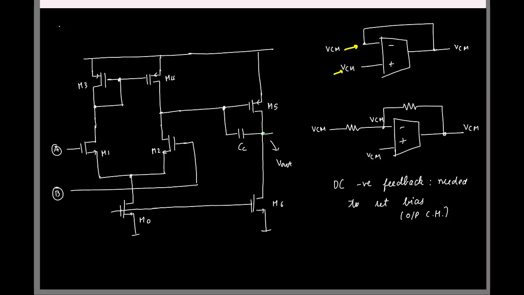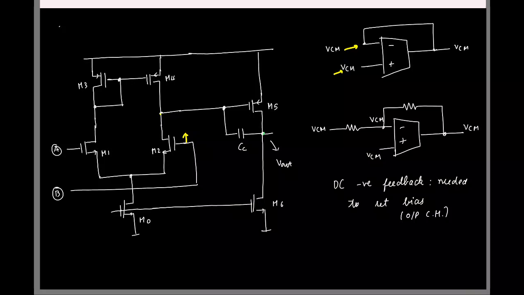Okay, so let's see, right? If I increase B, what will happen to this voltage? It will, from gate to drain, there is an inversion. Remember, common source gain is minus gmRD, right? So if the gate voltage increases, the drain voltage decreases. So which means this voltage decreases. So what will happen to this voltage?